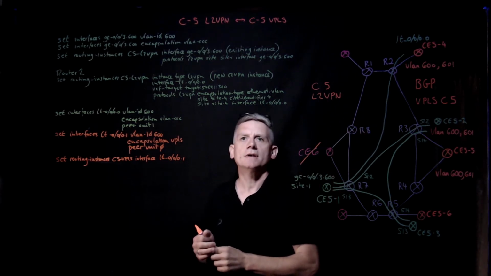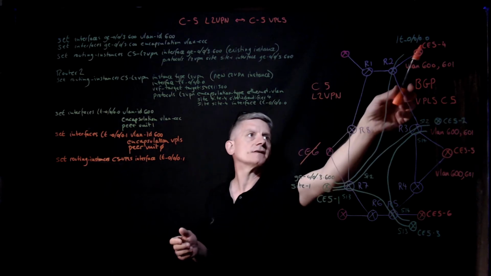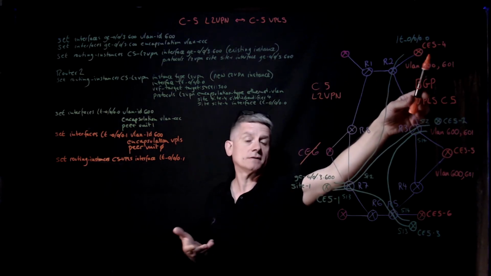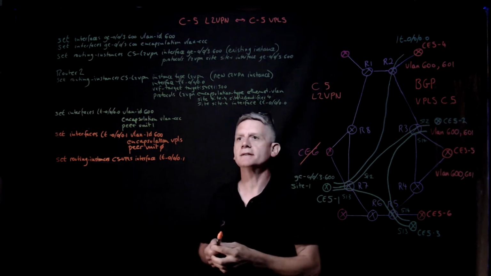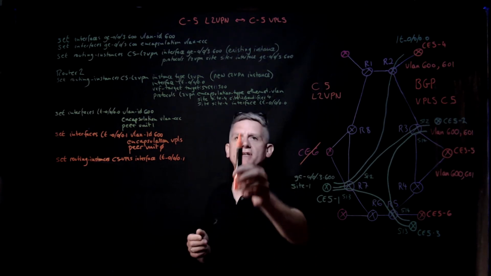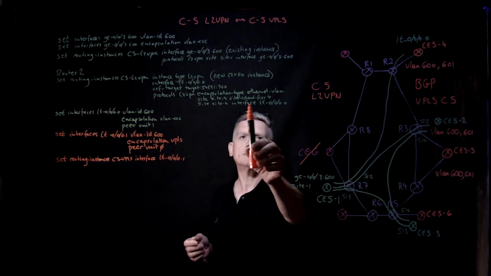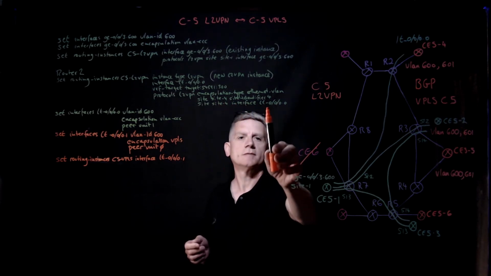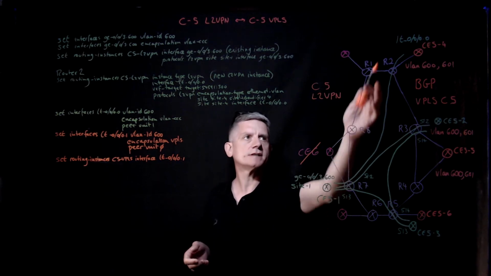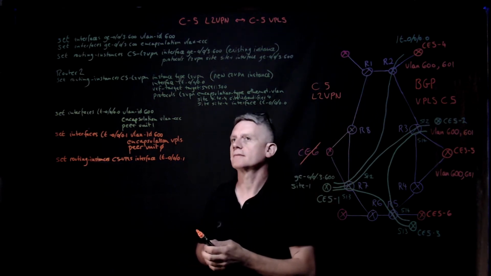And we're going to be attaching that to site 4, because of course in the VPLS it is site 4. And the first little bit of the stitching happens here, because we state in that site 4 this LT interface, because of course we're not stitching it together on R7, we're stitching it on R2.